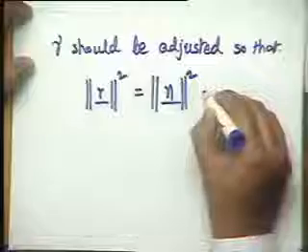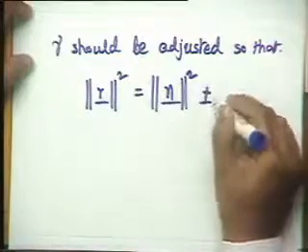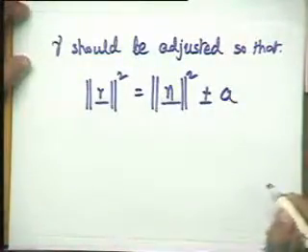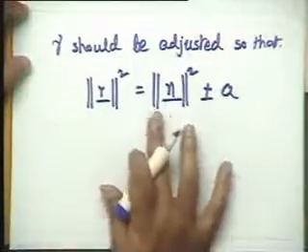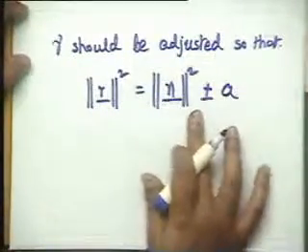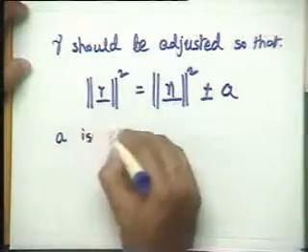It cannot be. So what should be the mathematical expression? We must define some accuracy factor A. So gamma should be adjusted so that r square should be n square plus minus A, where A is an accuracy factor.